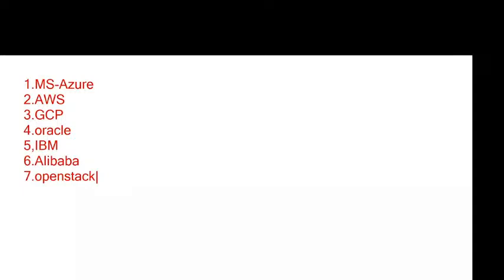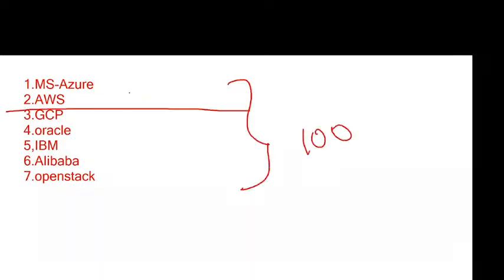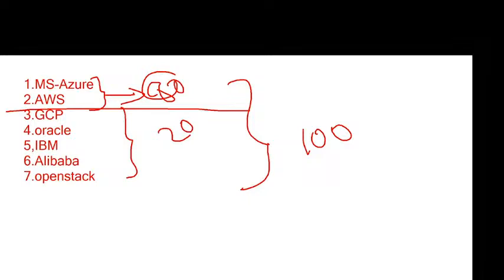If you consider the cloud market as 100%, Microsoft Azure and AWS together occupy 80%, and all the remaining ones, GCP, Oracle, IBM, Alibaba, OpenStack, have just 20% in the world.